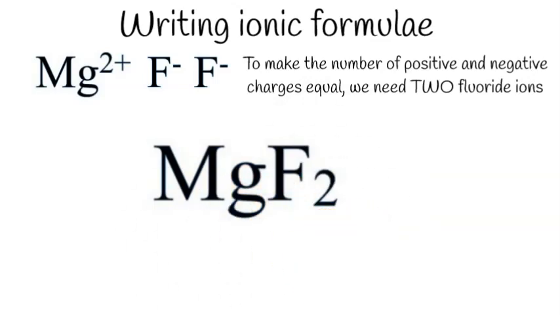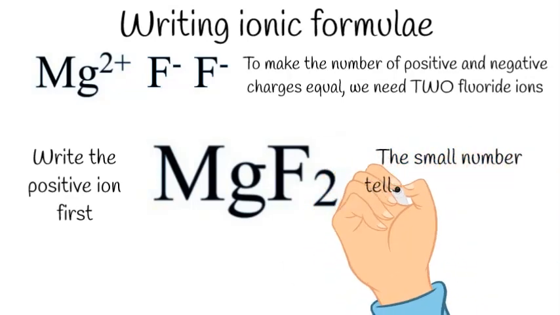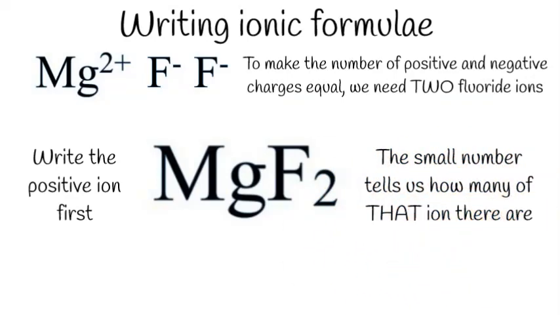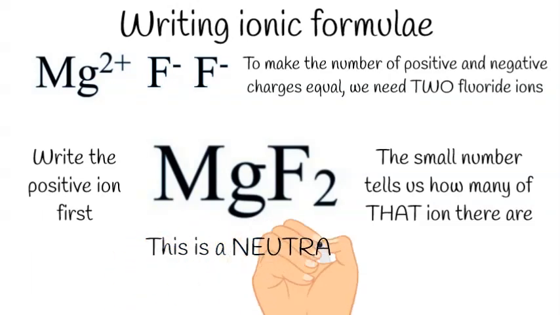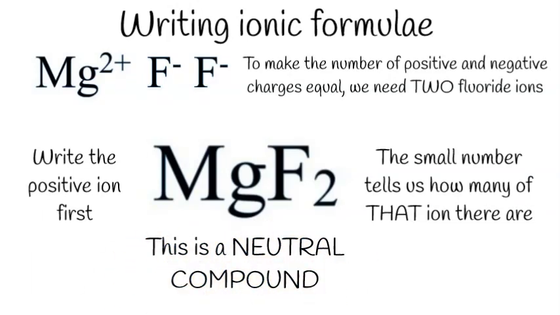We write the positive ion first, and there's only 1 Mg. That gives us 2 positive charges. We write the negative ion second, and the small 2 tells us we have 2 Fs, giving us our 2 negatives, and overall this is a neutral compound with the same number of positive and negative charges.